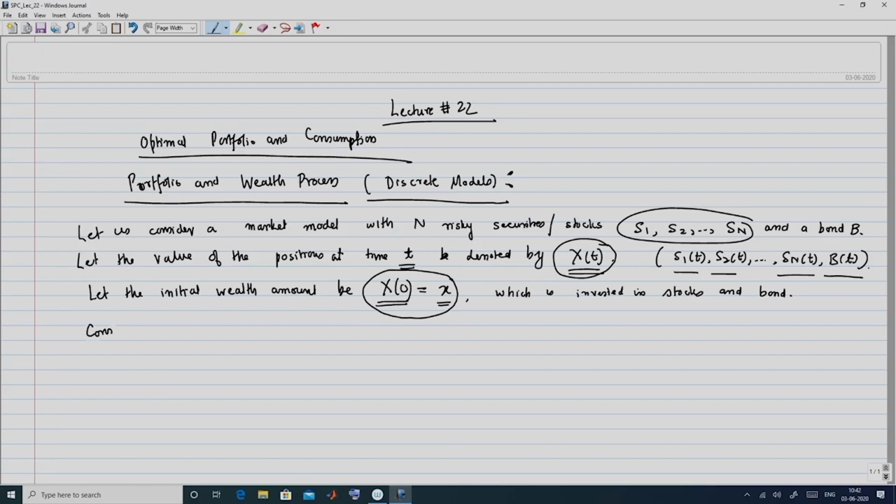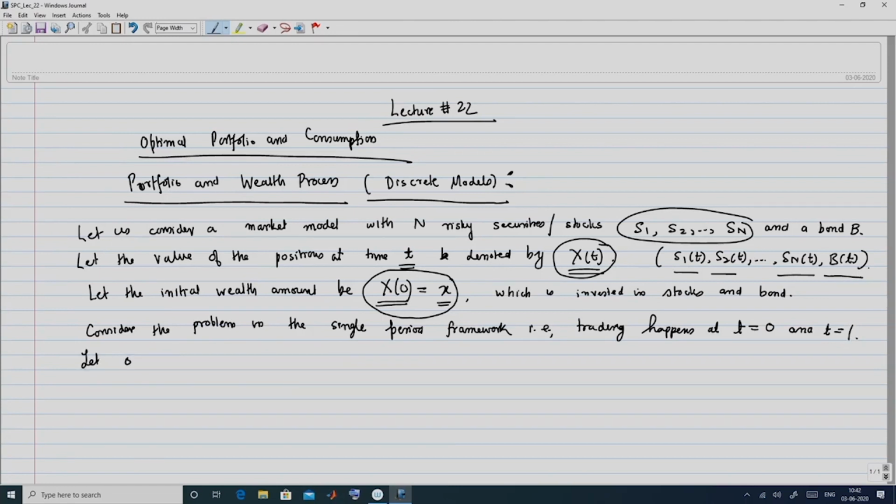So, we now consider the problem in the single period framework. That is, trading happens at time t equal to 0 and t equal to 1.